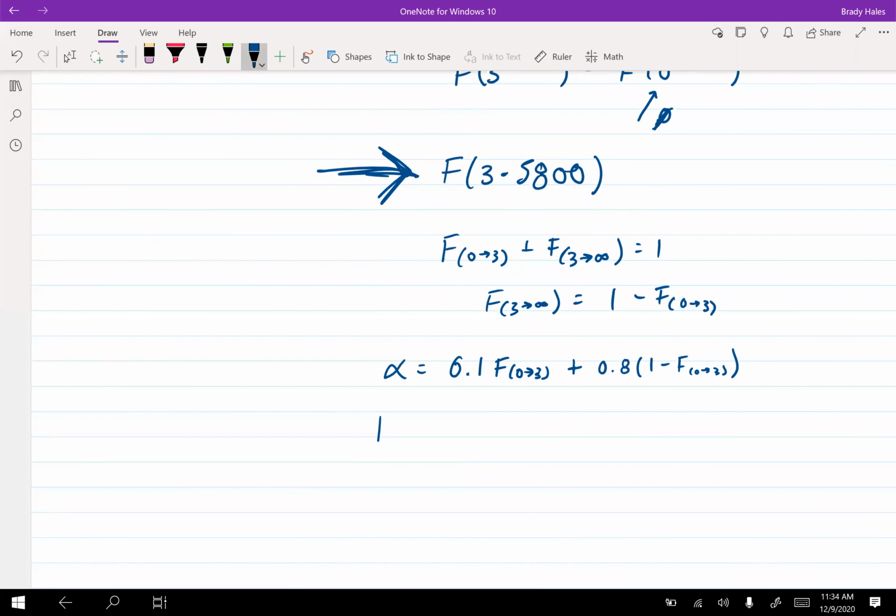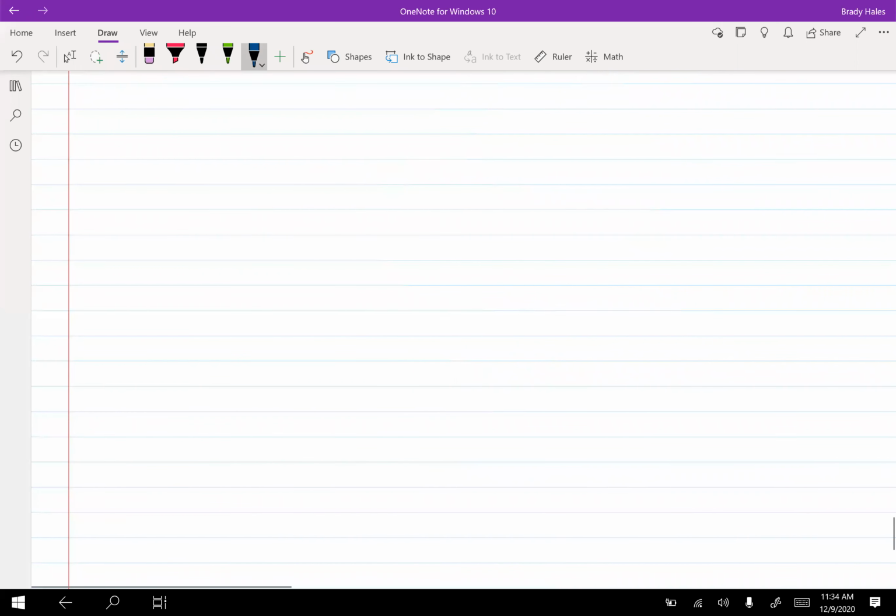Okay, so now we have values for alpha, we have a value for G, and now we need to find a value for E. Okay, so again, if you remember, emissive power of a black body is equal to sigma Ts to the fourth. That's the Stefan-Boltzmann law, right? So emissive power of a real surface is just epsilon sigma Ts to the fourth.